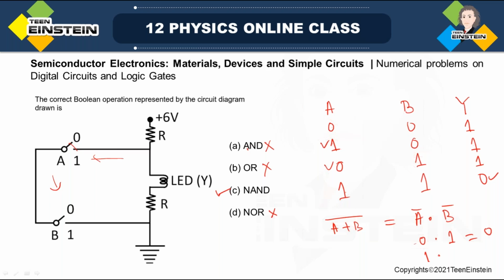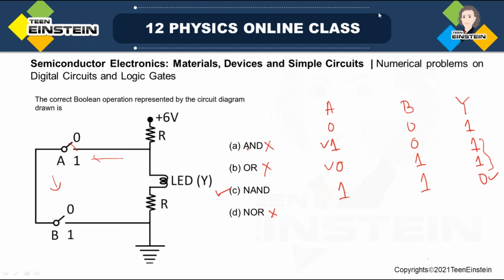So it would give 0, but we have these two outputs. So this will satisfy only the NAND gate. So the correct Boolean operation represented by the circuit diagram is a NAND gate. This is how you have to solve this kind of problem. This is a problem from the previous year's NEET paper.